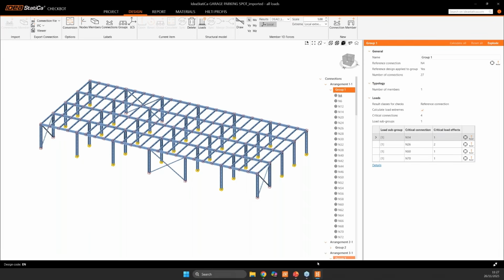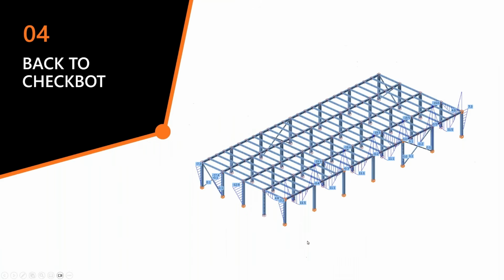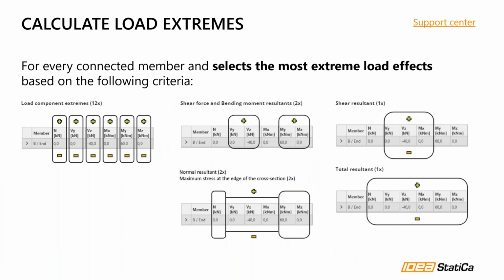So when you run the calculation, you can save time. Let me get back to the presentation to explain. For every connected member, select the most extreme load effects based on the following criteria: for load component extremes, maximum and minimum, or negative and positive, axial force, shear forces, and moments; shear force and bending moment resultants; normal resultant and maximum stress at the edge of the cross-section; shear resultant; and total resultant of the force acting on the member.